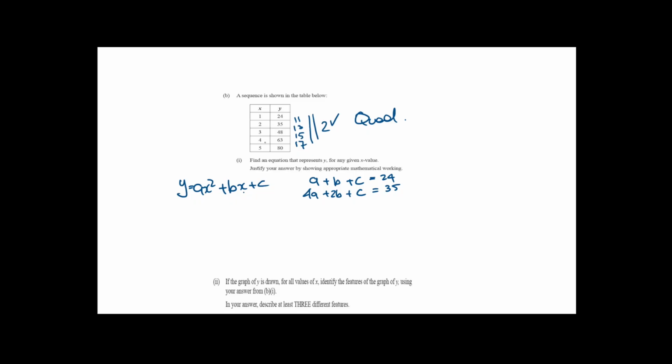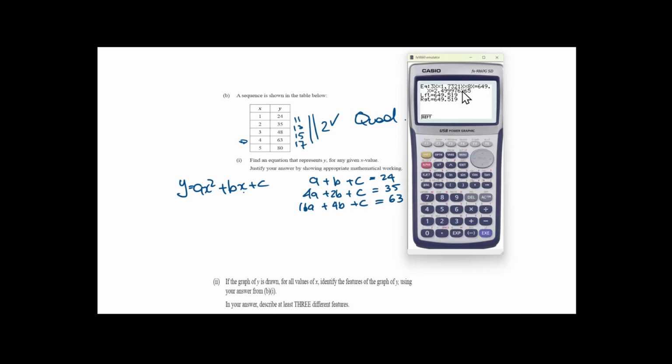Now let's do the 4 one. 4 squared is 16a, plus 4b plus c equals 63. And now we have 3 equations and 3 unknowns. We have a set of simultaneous equations.